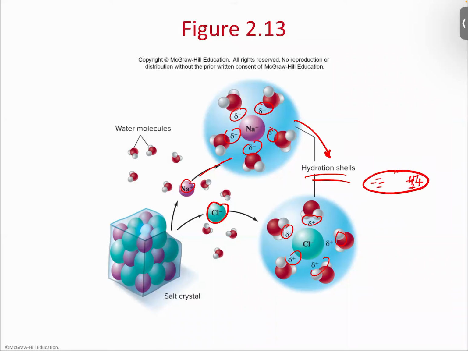What's going to happen is water will basically surround the positive ends with its negative oxygens, like this, and it's going to surround the negative ends with its little hydrogen tails, like this. So what you've done is you created a hydration shell. Whenever you create this surrounding hydration shell of water around you, you're basically what's referred to as having been dissolved.